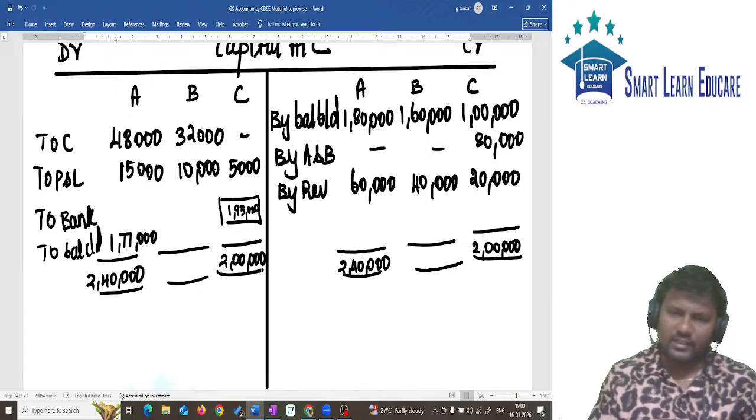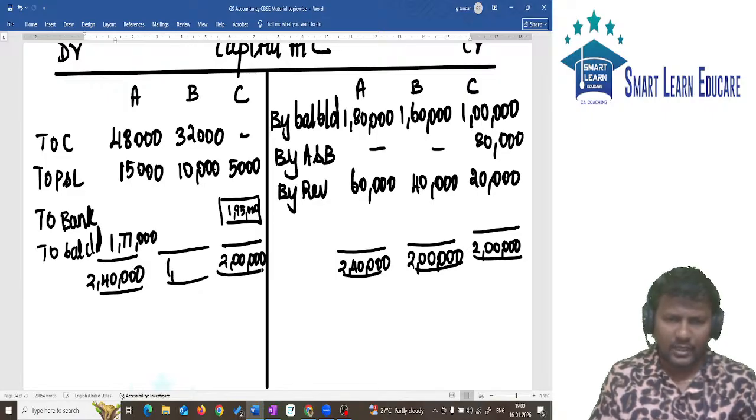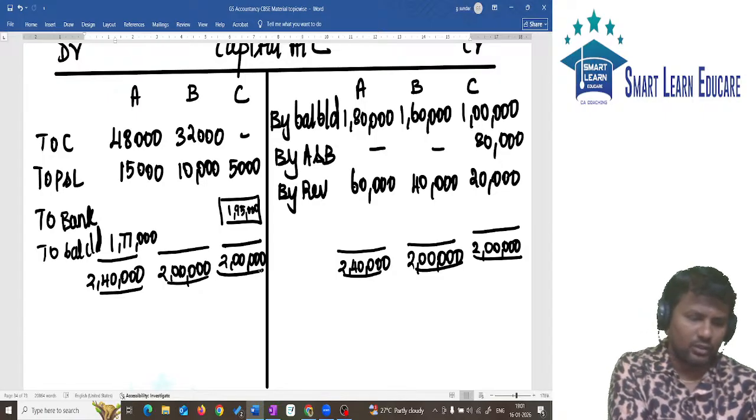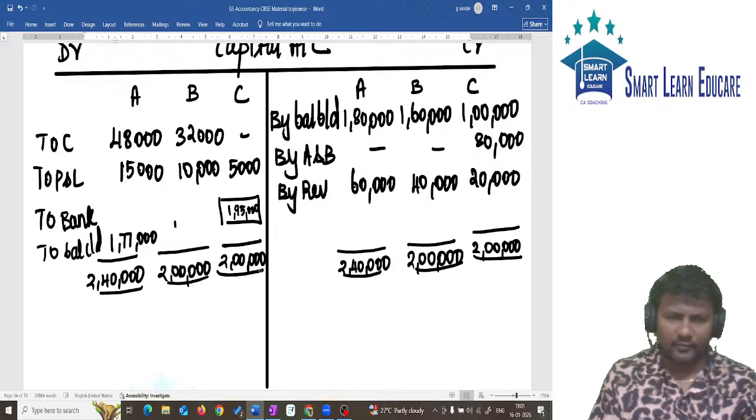And 1,60,000 plus 40 will give you 2 lakh. 2 lakh minus 42,000 will give you 1,58,000. First cross check up to this.